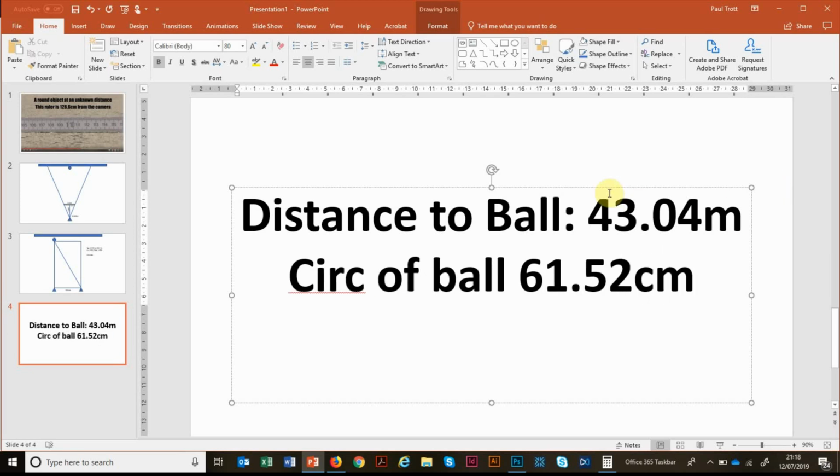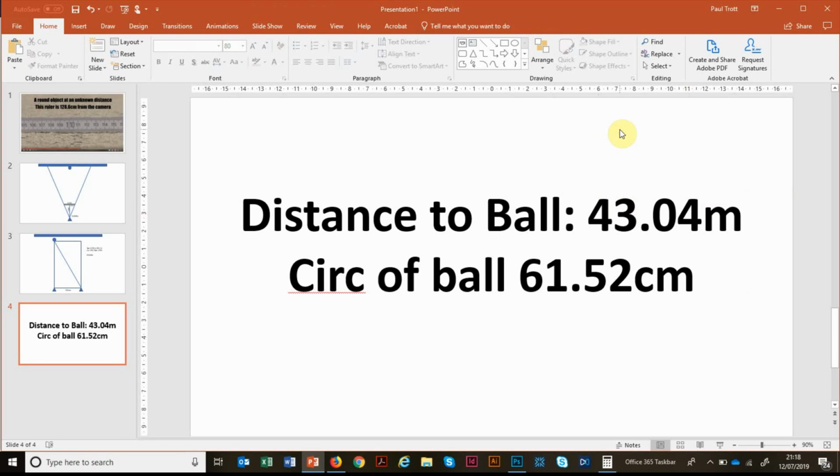Centimeters. Okay, so that's it. That's the figures that I've got. 43.04 meters to the ball, and 61.52 centimeters for the circumference of the ball.